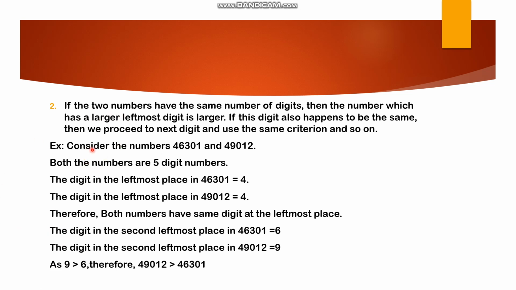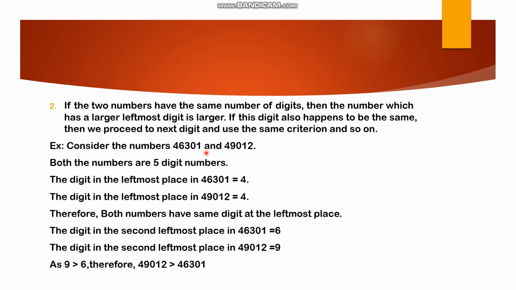Look here. Consider the numbers 46,301 and 49,012. Here the given numbers are 5 digit numbers. So you have to count the number of digits.